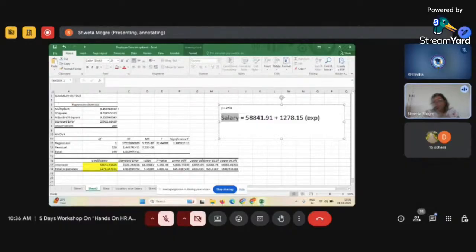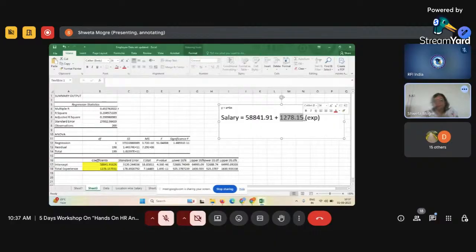If I'm changing 1 unit of experience, how much change will occur in salary, the dependent variable? That is known as slope. So in our case, if experience is changed by 1 year, salary will be changed by 1,278 rupees. Is it clear to everyone?